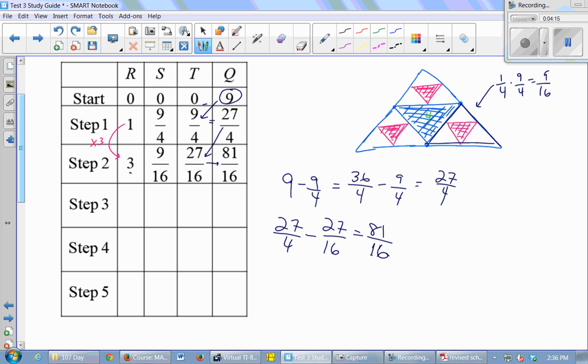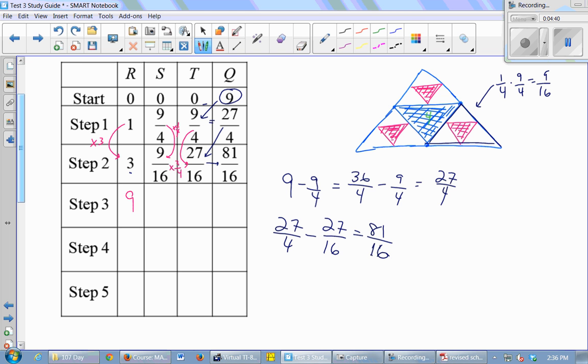And to get from 9/4 to 9/16, I would multiply by 1/4. And to get from 9/4 to 27/16, well, my numerator is multiplied by 3 and my denominator is multiplied by 4, so I would multiply by 3/4.